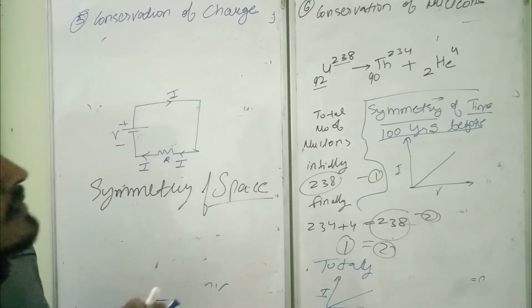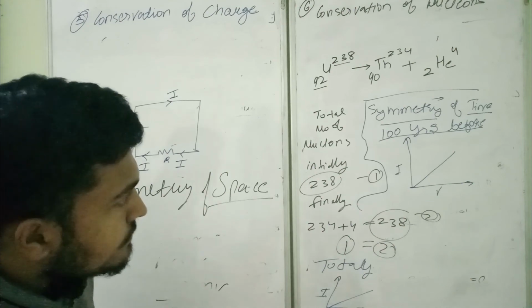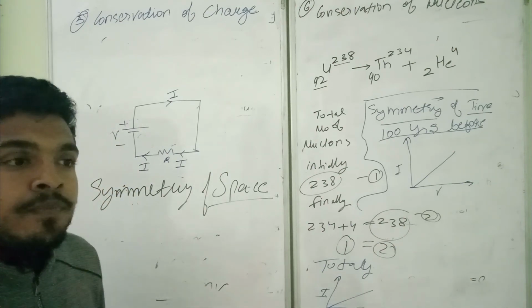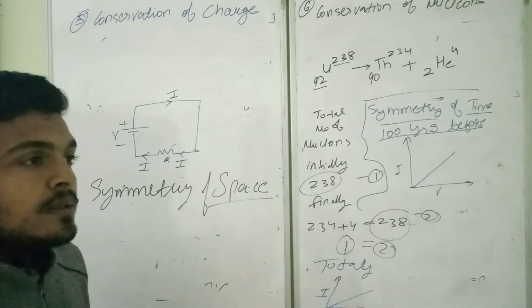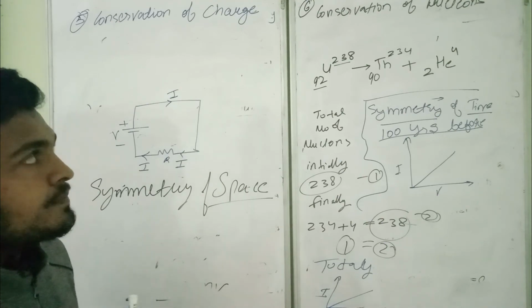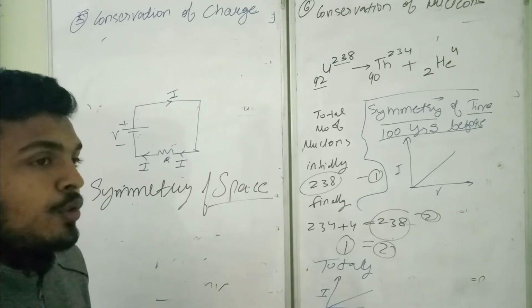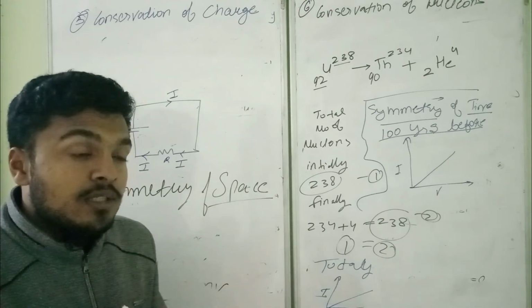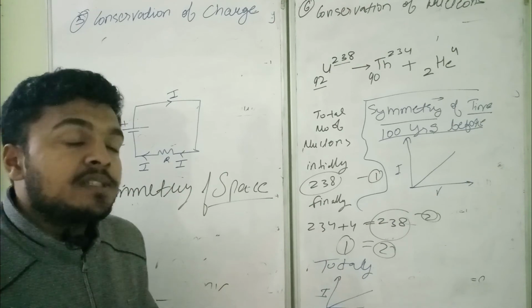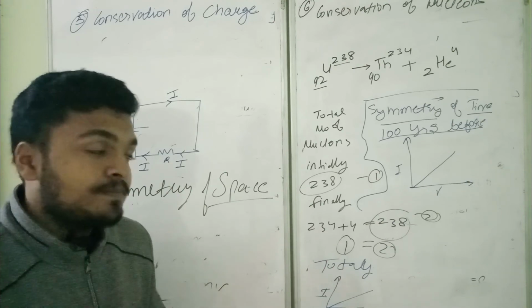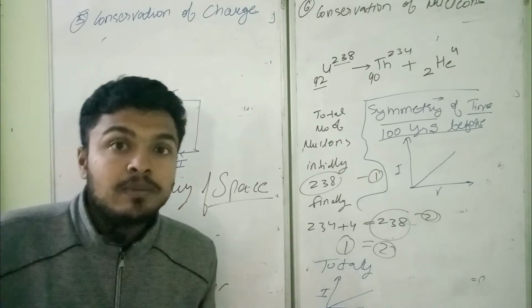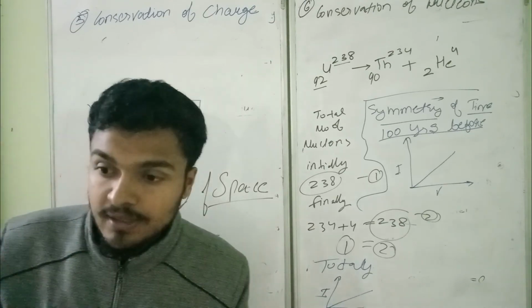So after studying these conservation laws, we are going to study the types of forces that exist in nature. There are certain fundamental forces that exist in nature. We'll study about these forces.